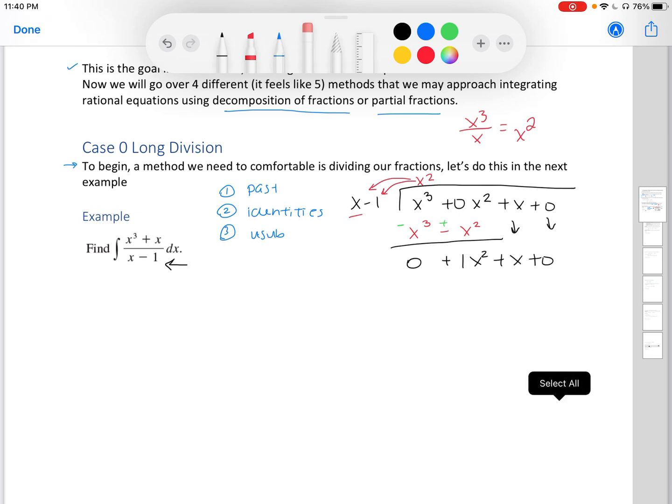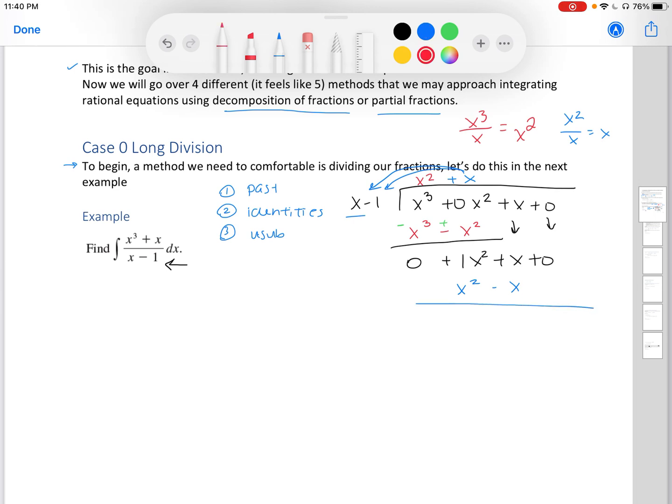Let's divide again. All right, so now we're dividing x squared by x. So we just get x, positive x. We're going to multiply two numbers on the outside. And we have x times x gives us x squared. X times negative 1 is negative 1x.